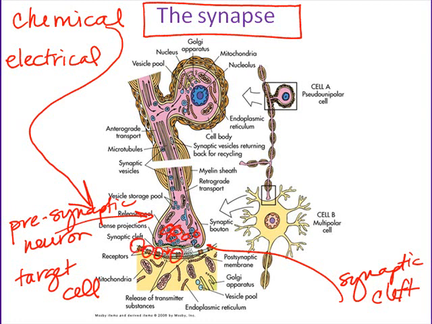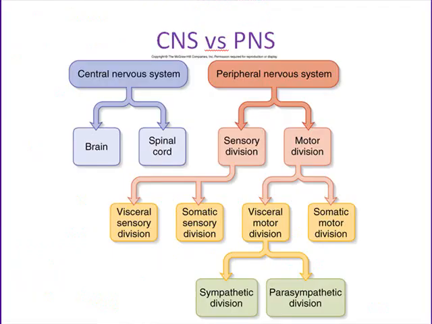Now, I told you that the nervous system is divided into two main components. Those include the central nervous system here on the left in blue and the peripheral nervous system on the right in red. The central nervous system consists of two parts, the brain and the spinal cord. We're going to be focusing much of our discussion on nervous system disorders particularly on the central nervous system.